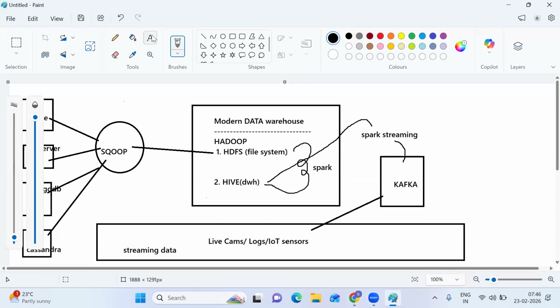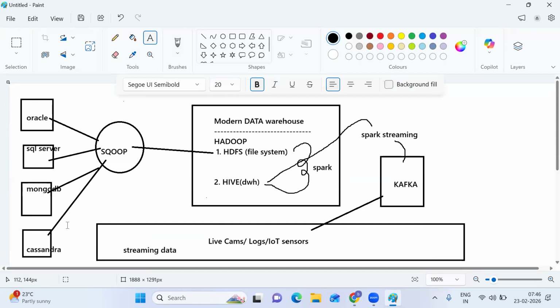Within this, OLTP systems, RDBMS and also NoSQL. And also you are able to work with streaming data. Regular data sources and also streaming data sources. That too, here a file system is involved. Because of this HDFS file system, a huge volume of data can be stored, unlimited data storage.